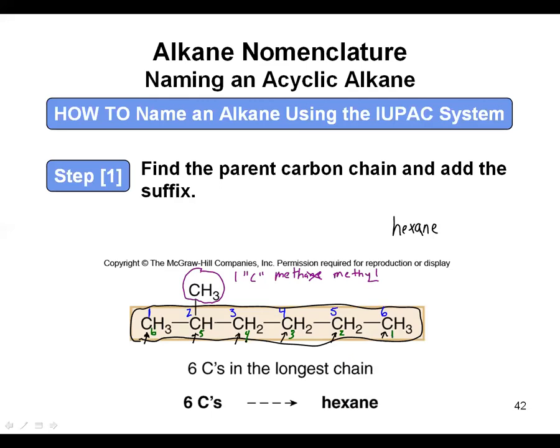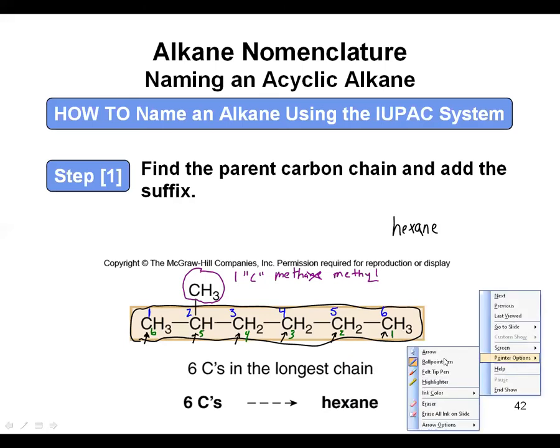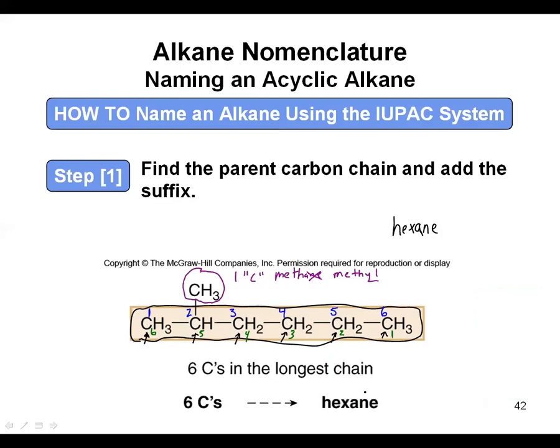And the way that you want to number it is whichever way gives the group that's attached the smaller number. So when we look at this, if we go the blue way, our group is at carbon number 2.